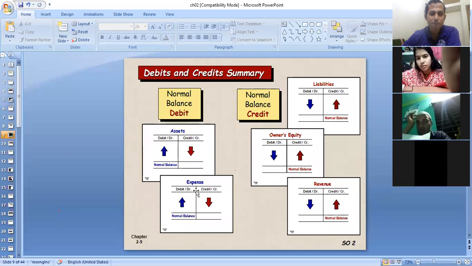Expenses increase, debit; expenses decrease, credit. On the other side, liabilities decrease, debit; liabilities increase, credit. Owner's equity decreases, debit, and owner's equity increases, credit.